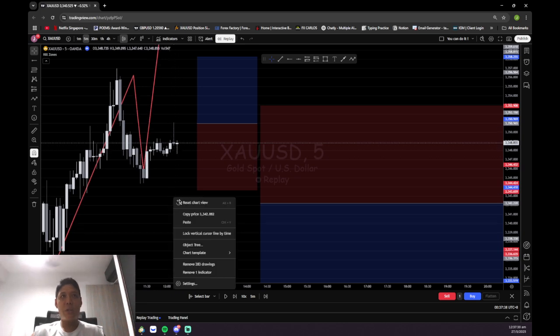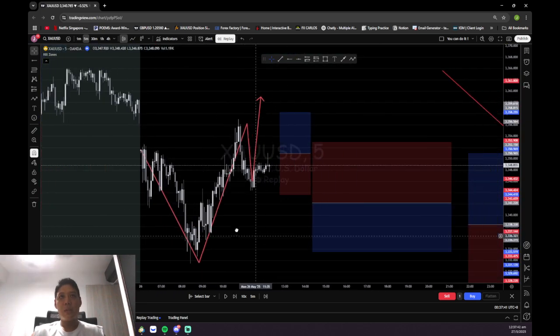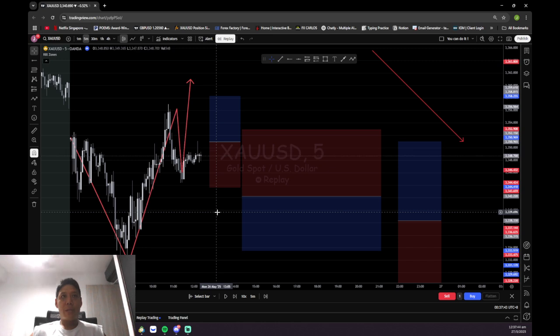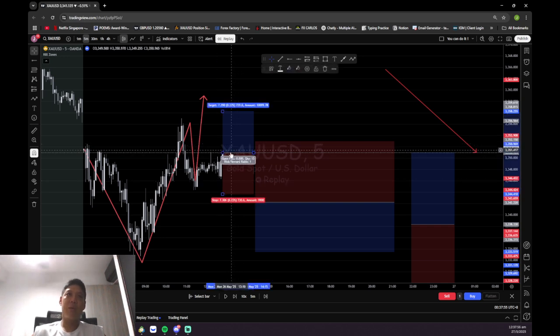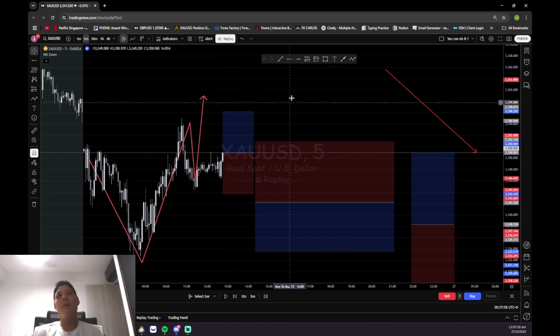Doji again, double dojis. We'll wait for the next setup again. Next. Alright, see, this basically doesn't give me a good entry, but after that, look at this. These 2 candles basically look good to me, so that's the reason why I took this particular trade.